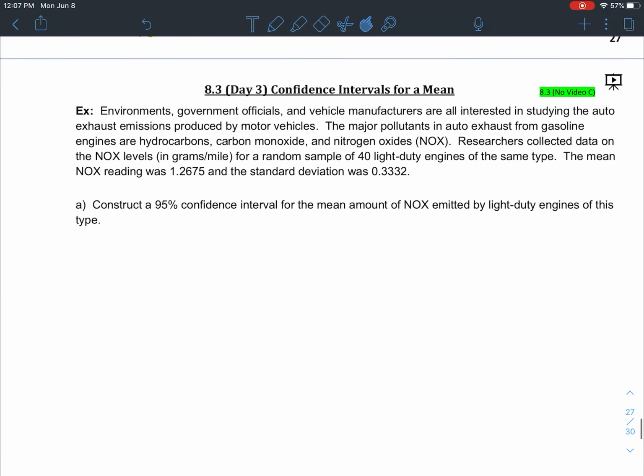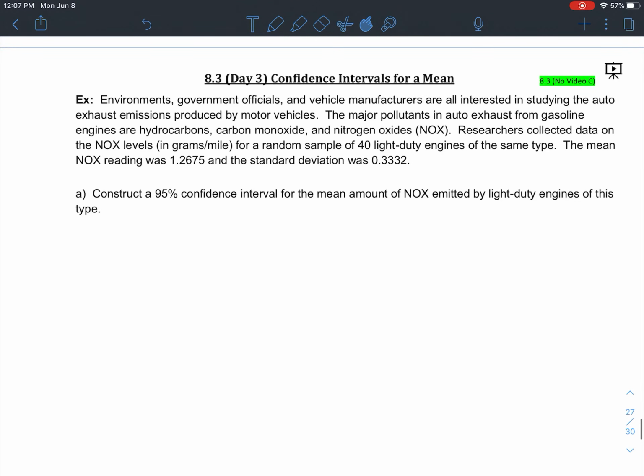Okay. All right, let's go ahead and try just one more problem here. Very similar process, our state, plan, do, conclude. In this particular example, we're talking about the environment, and it says environmentalists, government officials, and vehicle manufacturers are all interested in studying the auto exhaust emissions that are produced by motor vehicles. There are major pollutants in these auto exhausts from gasoline engines.